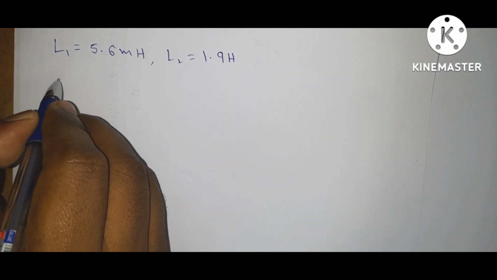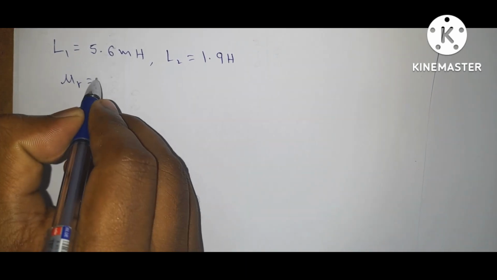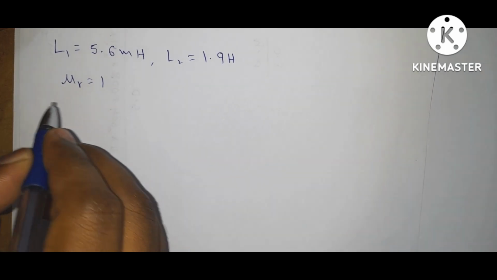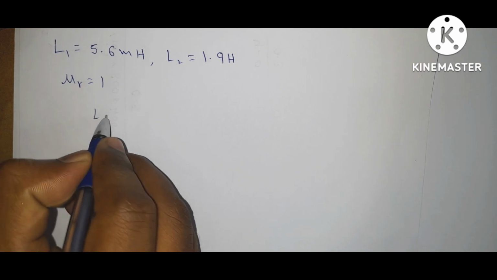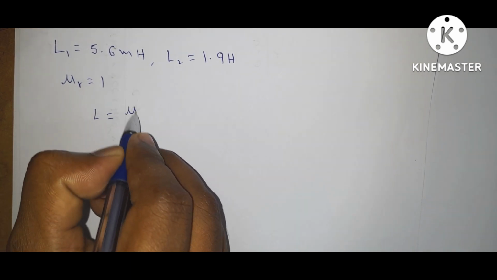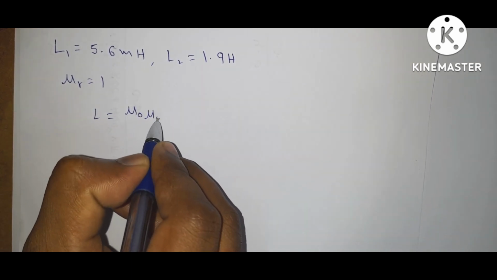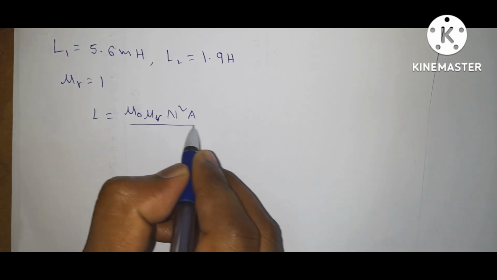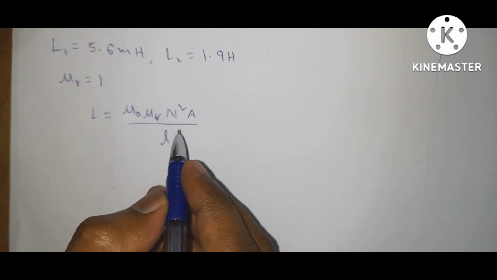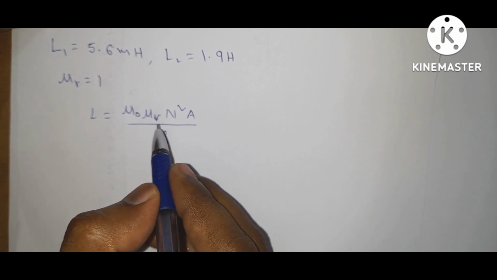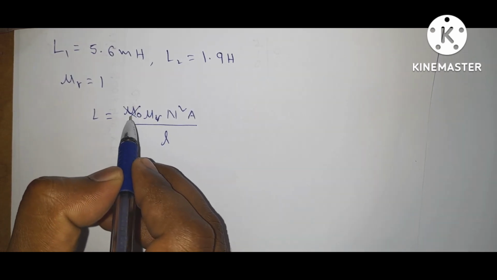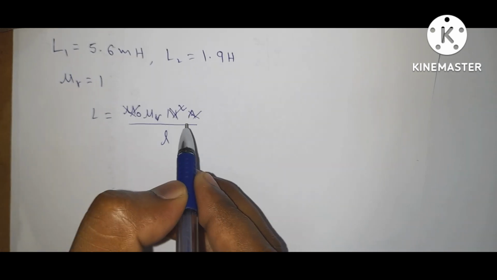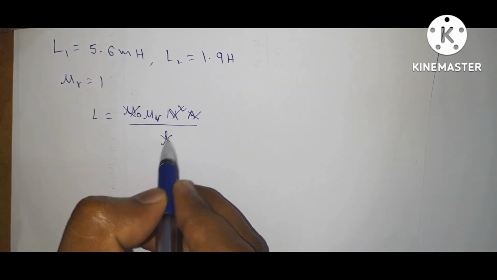Next, what is the iron core relative permeability? The relative permeability of air is 1. Remember this. Now, what is the formula for inductance? L is equal to mu naught mu r n square A by l. Here, for both inductors, mu naught is constant, the number of turns is constant, the cross-sectional area is constant, and the length is constant.